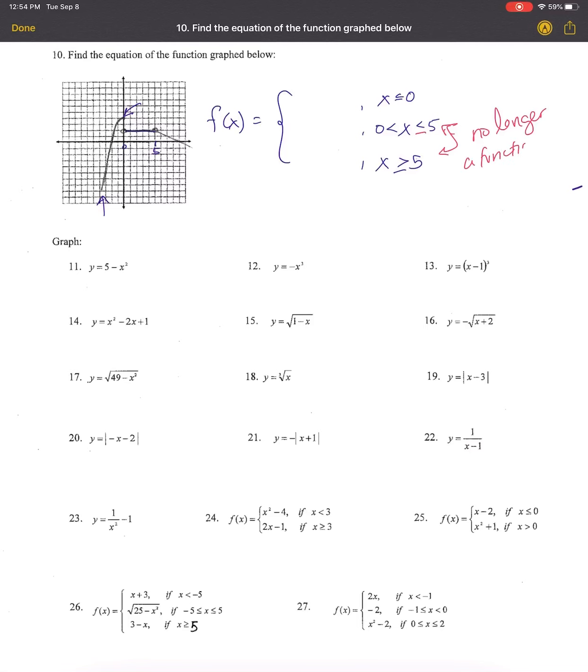And it's no longer a function because f is defined in two ways at x equals 5. So that's a problem. Make sure that if that circle was closed in, you would have included it in only one of the two spots.